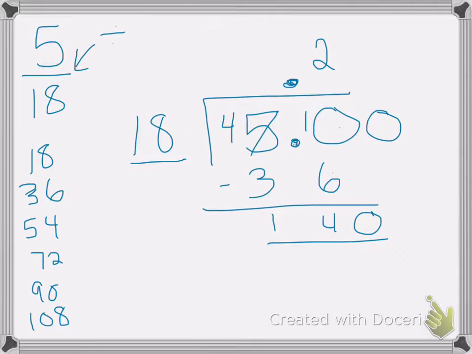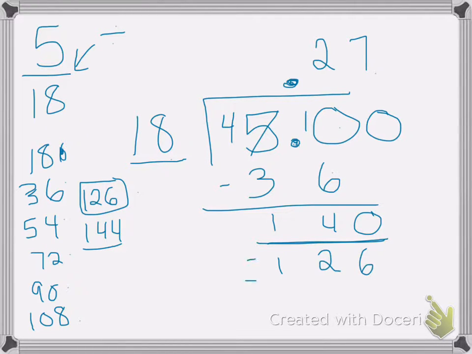Plus 18 again is 126. Plus 18 is 144. But we're too far now, right? We needed 140. That was 1 time, 2 times, 3 times, 4 times, 5 times, 6 times, 7 times. So that's 0.27.